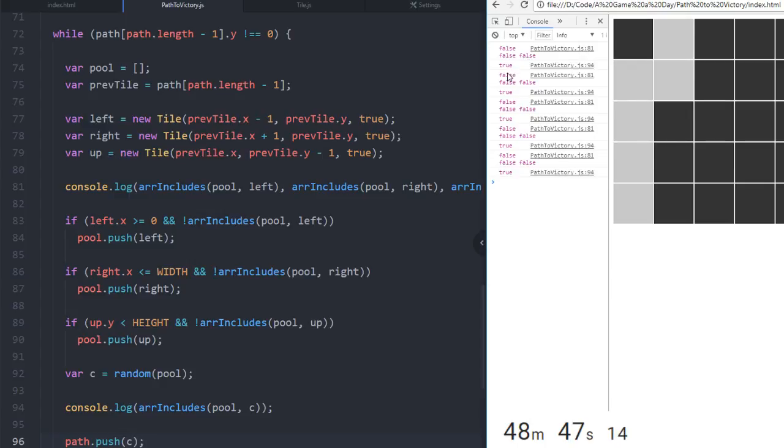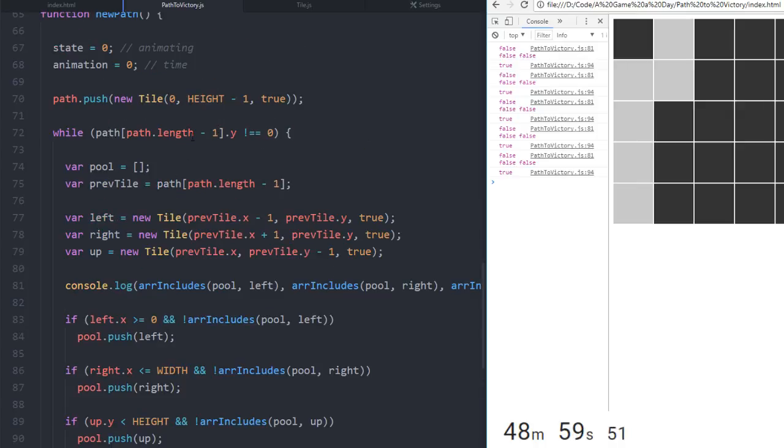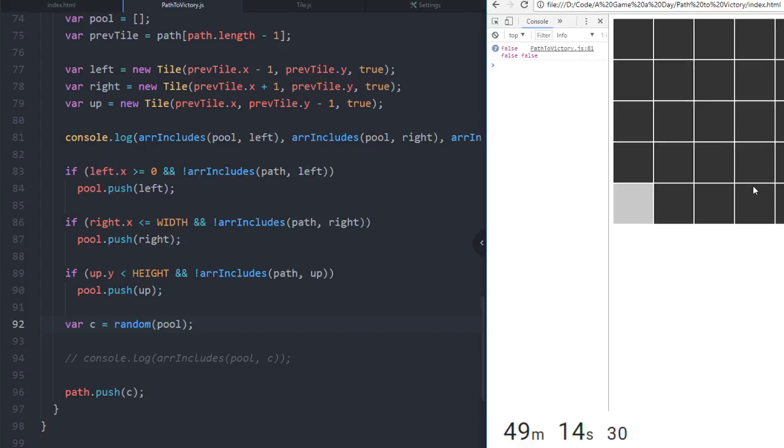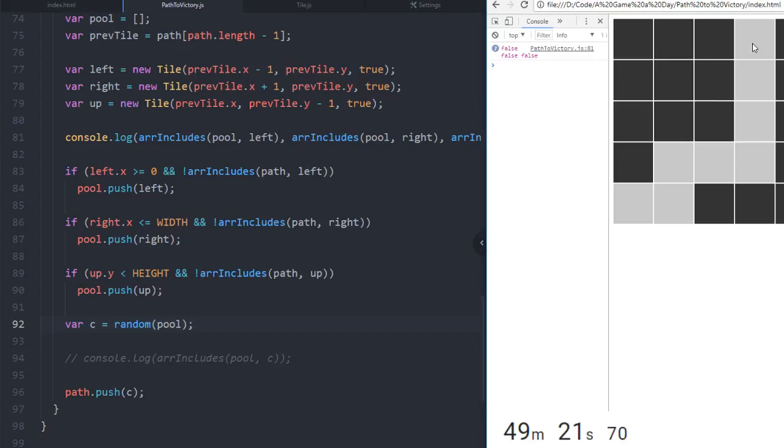True. Well now, okay, well that was good. Oh, are you serious? It's not pool, it's path. Path doesn't matter. Going back to this, it seems to be working now.